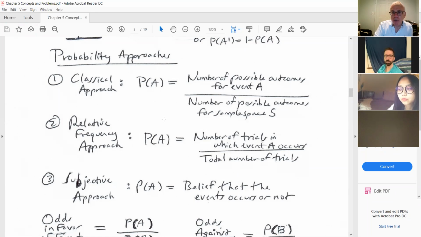The law of large numbers says the following. If you increase the number of trials to a very large number, the relative frequency will approach the probability of the actual population. That's called the law of large numbers.